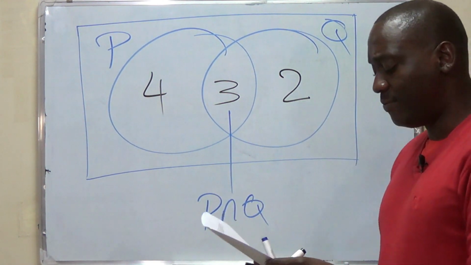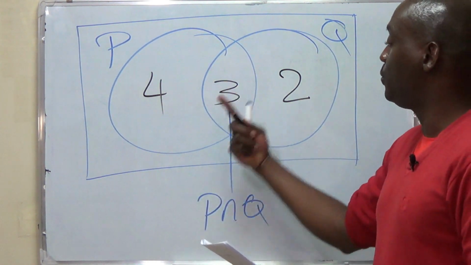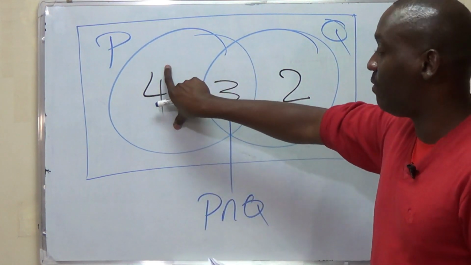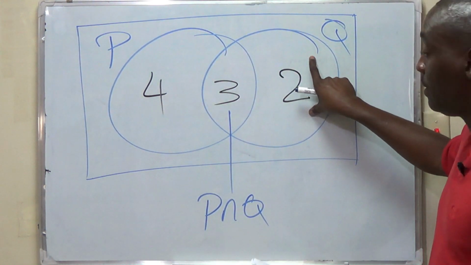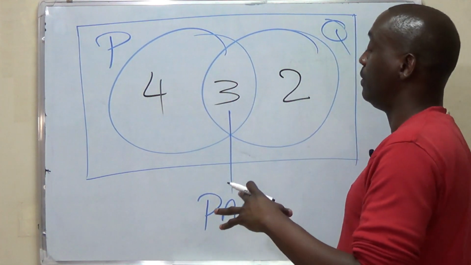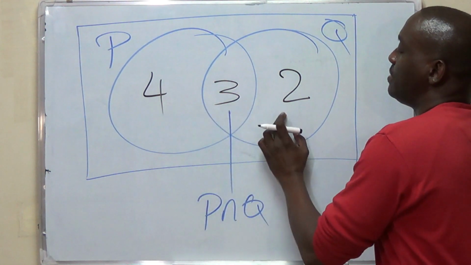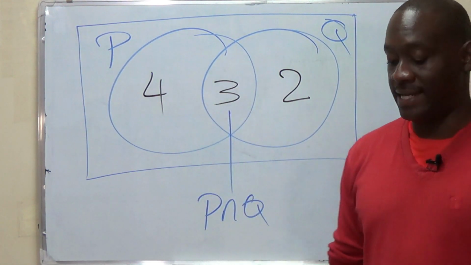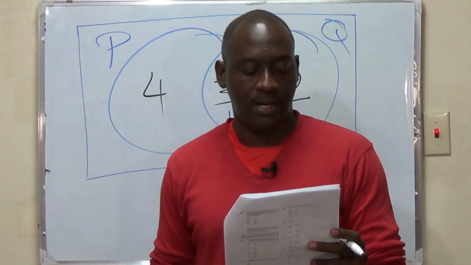So that if we now want to find out the number n(P union Q), it will be this 4, P alone, plus this 2, Q alone, plus this 3 here, P and Q. Good. So that n(P union Q) would be 4 plus 2 is 6, plus 3 is 9. Answer 9, in which case the answer is answer B.